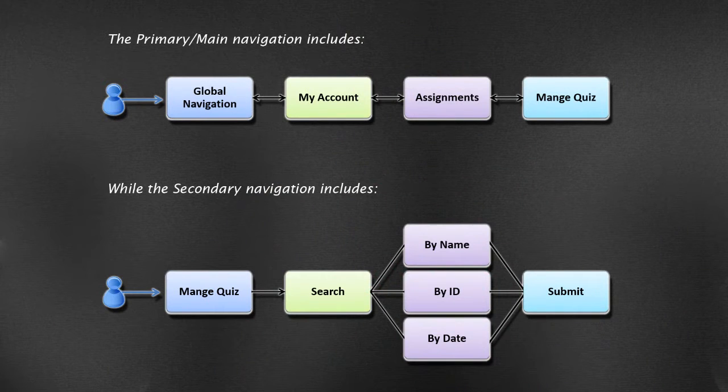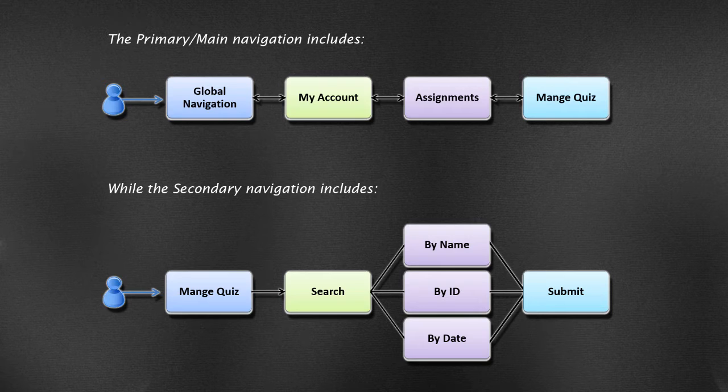Look at this diagram which I created based on the task. I have the primary navigation and the secondary navigation. The primary navigation includes the global navigation, and there's My Account, then I'll go to the assignment section, then I'll go to Manage Quiz. This can be a menu, or some kind of button that we have to decide later.